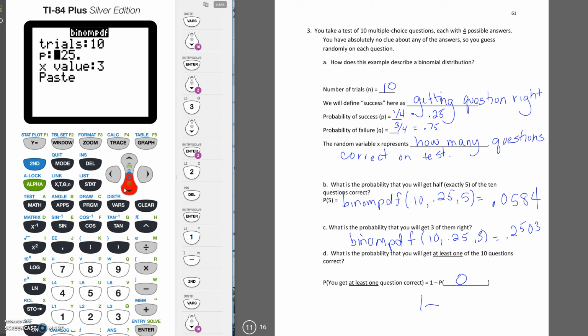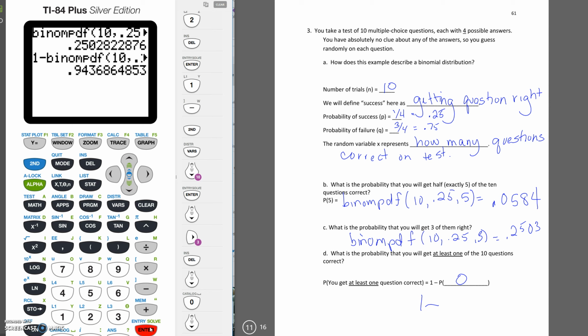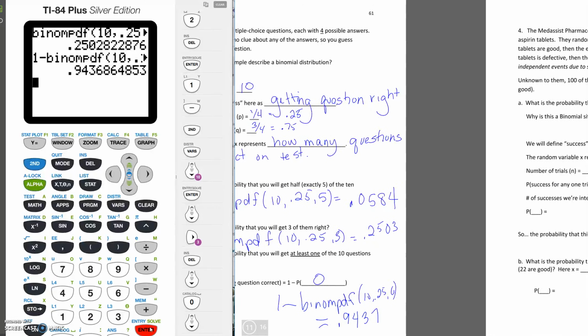Okay, and we're just going to change our x value to 0. And that will paste that in there. And we see that our probability of getting at least 1 right is 0.9437. So about a 94% chance that you'd get at least 1 question right if you were guessing.